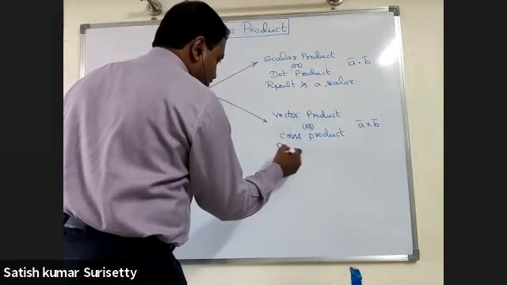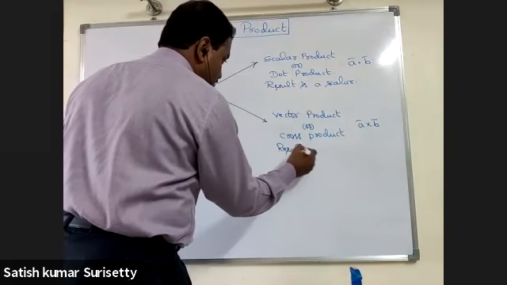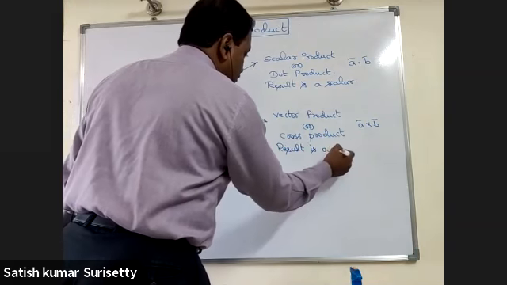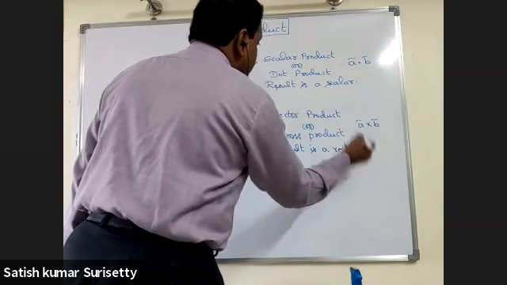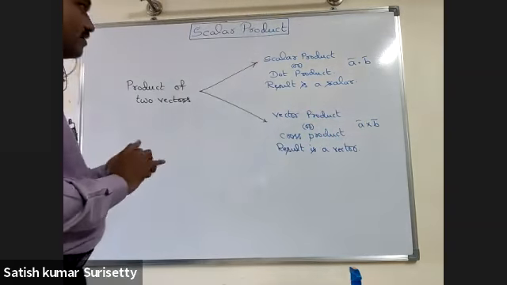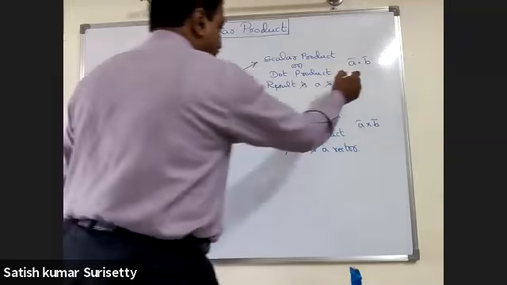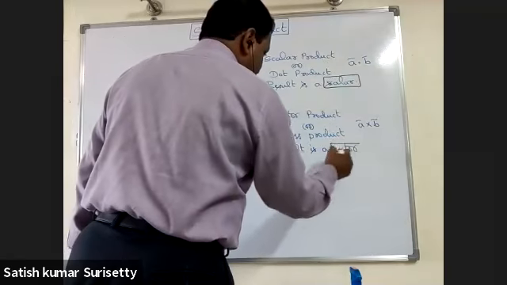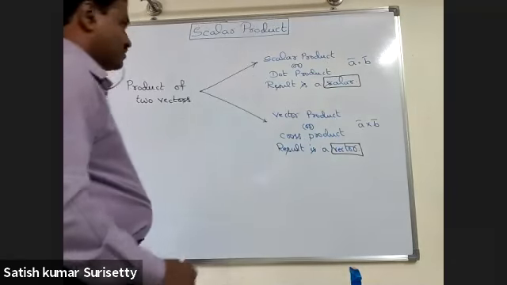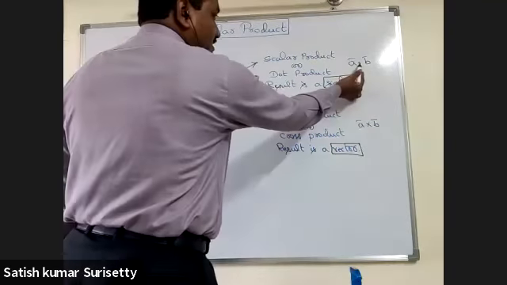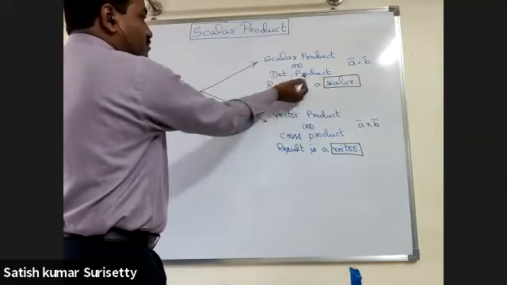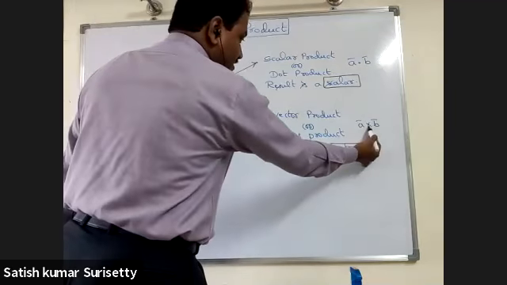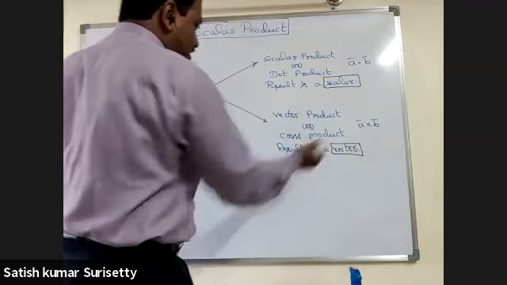Result is a vector. Because here the result is a scalar, it is called a scalar product. Here the result is a vector, so it's called a vector product. And because we are using the symbol dot, another name is dot product. Here we are using the symbol cross, that's why another name is cross product.